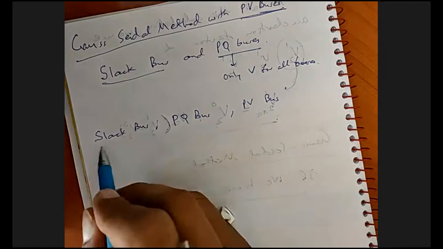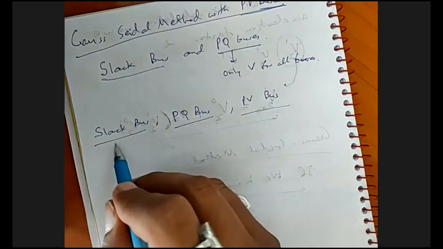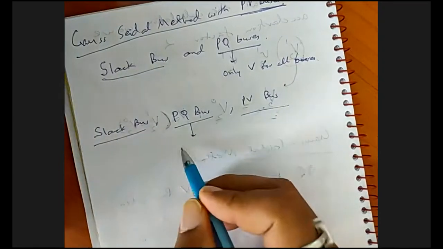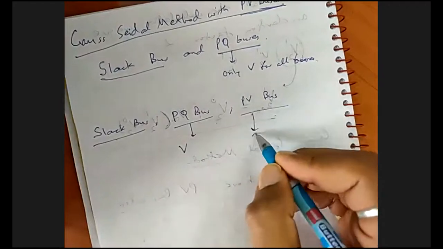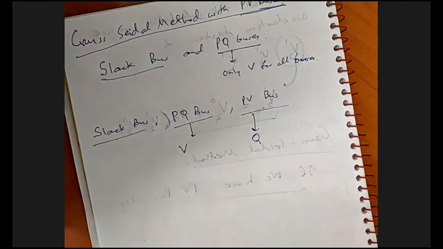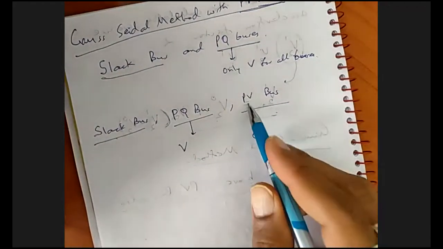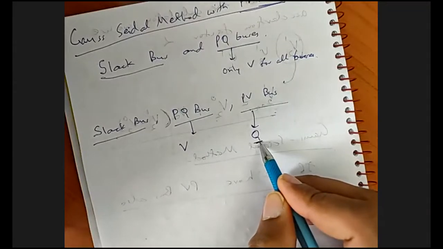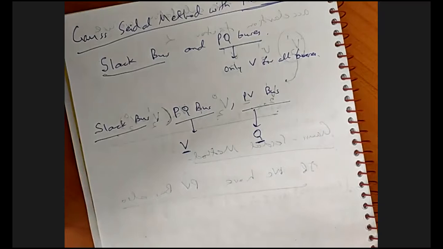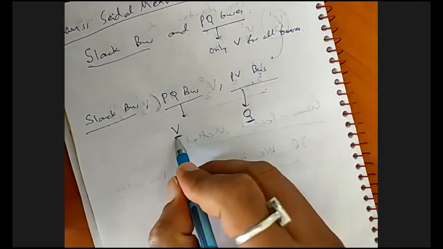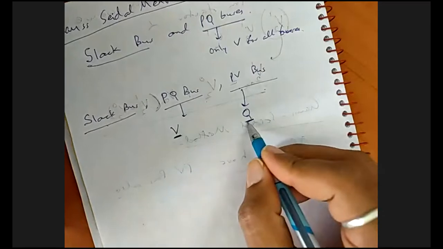So when we have a slack bus, PQ bus and PV bus, then at the PQ bus we have to find out what is V, and at the PV bus we have to find out what is Q. Because at the PV bus Q is unknown, and at the PQ bus V is the unknown quantity. So for this we have to find the formula for V and the formula for Q.